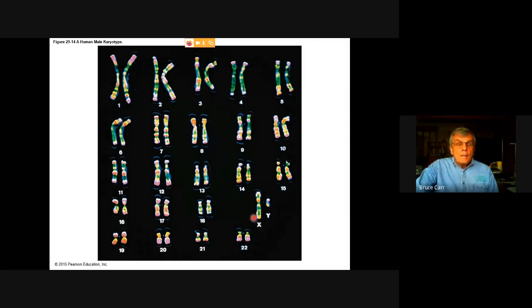So we do see XXX, we see XX, the normal, we see XO, a 45 number, in the female chromosome complements. In the male, in addition to XY, we see XXY, which presents as a female, but has heightened levels of androgens.